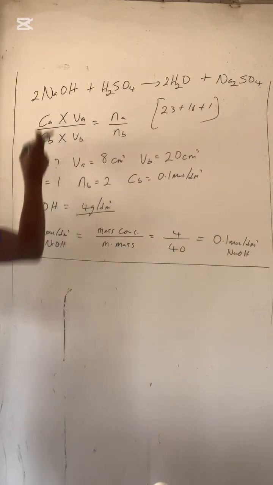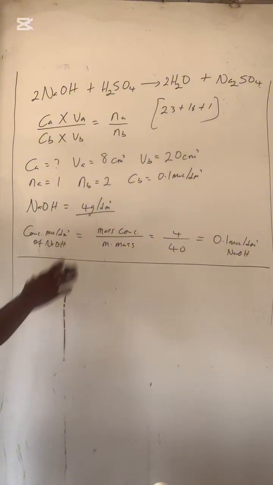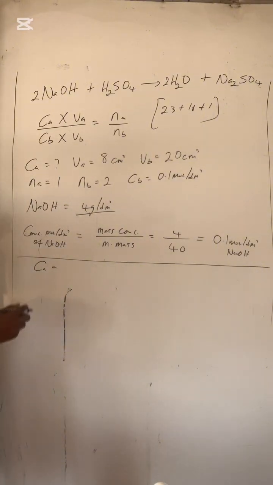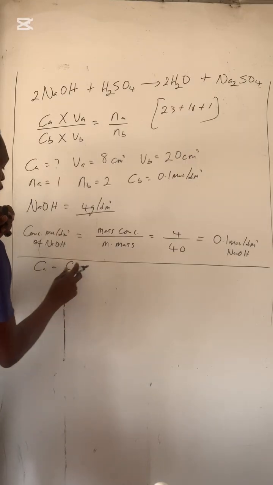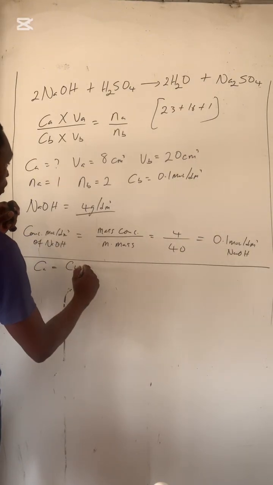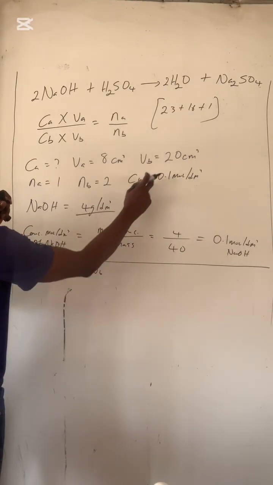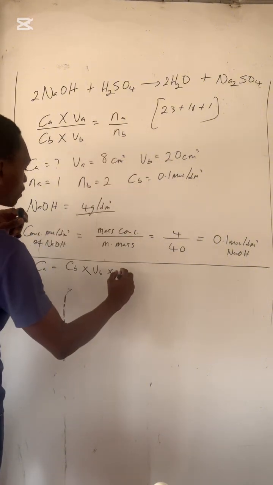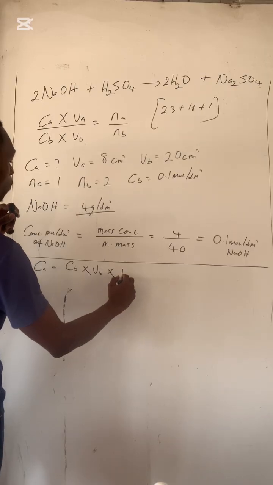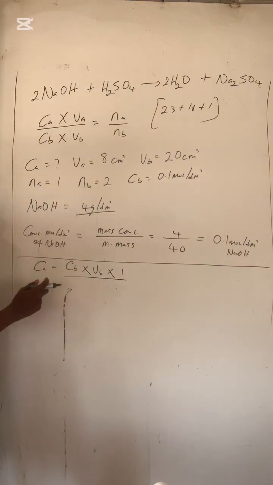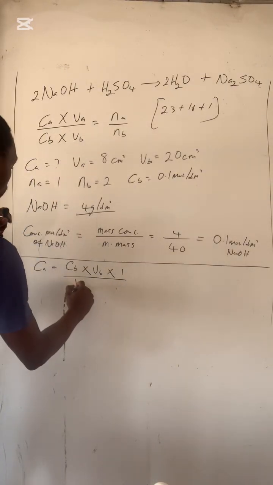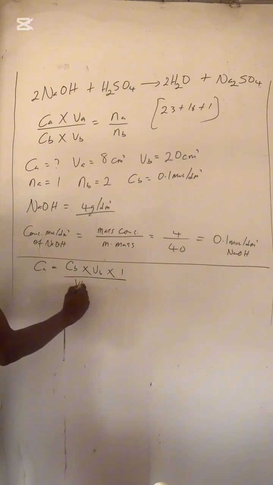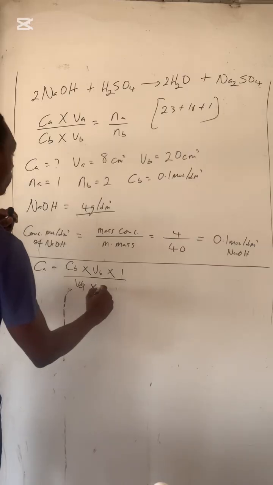Now let's make our Ca the subject of the formula from this equation. If we make Ca the subject, it will be Cb, concentration of the base, which is 0.1, times volume of the base, which is 20, times number of acid, which is 1 in the balanced equation, divided by volume of acid times number of base.